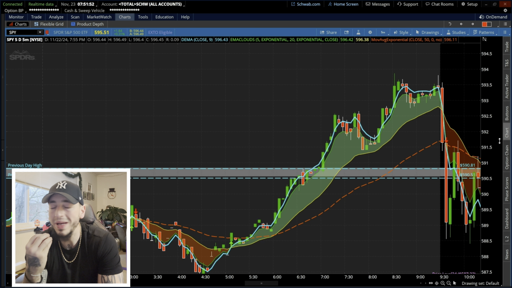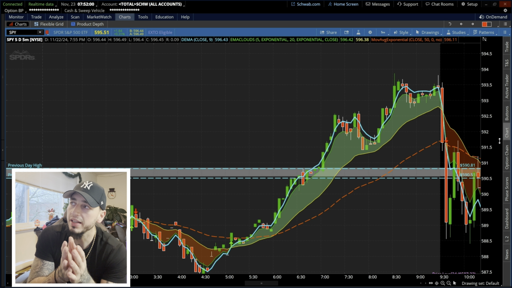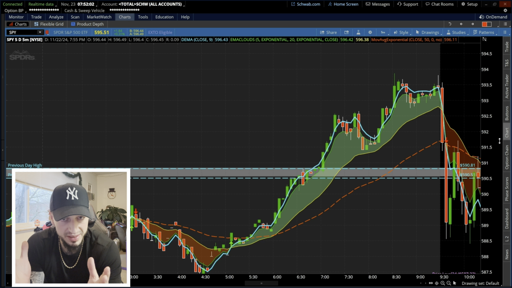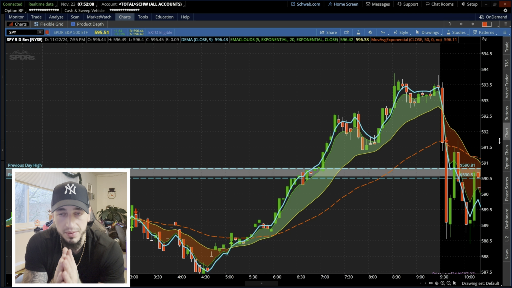So we need to find ways to measure it. We need to find ways to understand it. The market is literally chaotic price action constantly, but you can use these tools to give it order, right? You can use these principles to give it meaning.